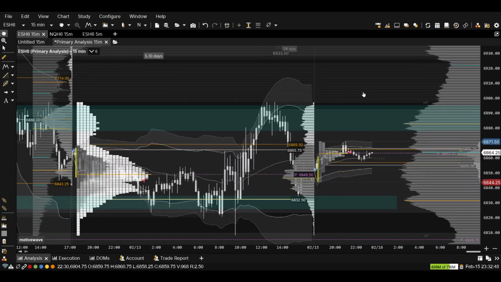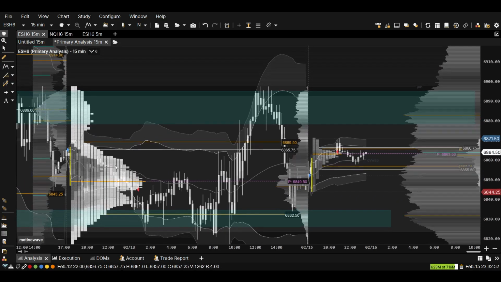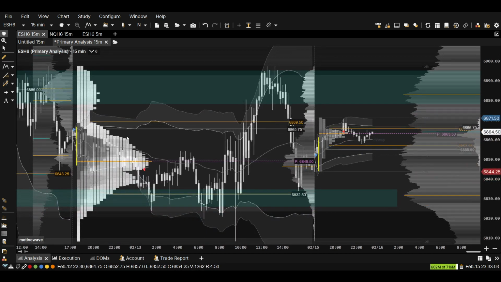To see that, we have to see acceptance above this high volume node of the time price opportunity.